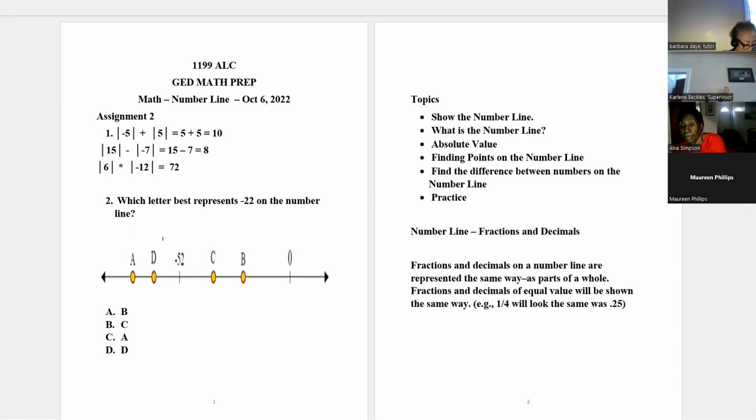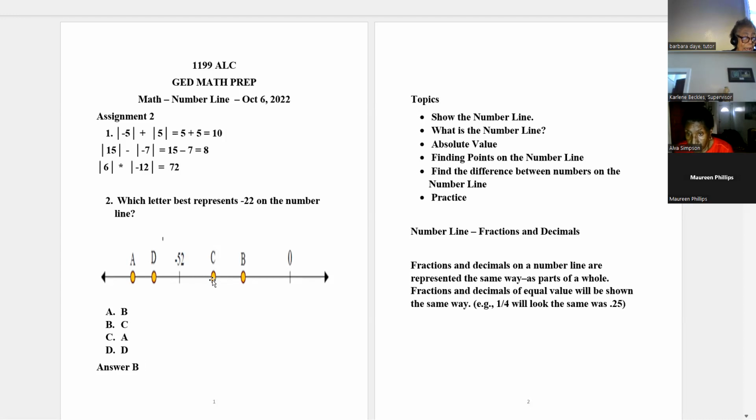Right, answer B. I had guessed that, but I wasn't sure. Now, if this is minus 52, this could be what? This could be 42, this could be 32, this would be 22.